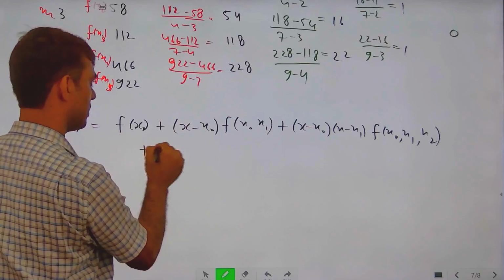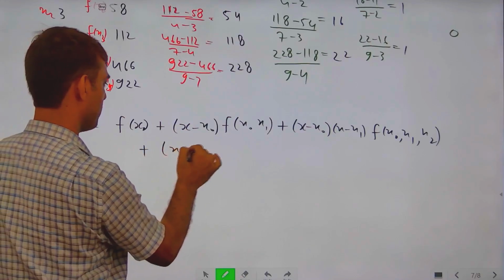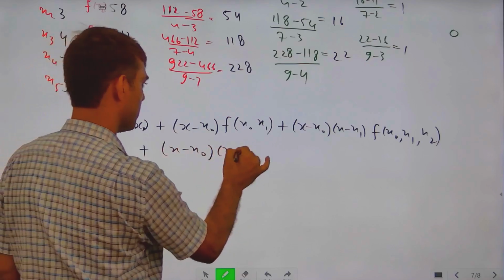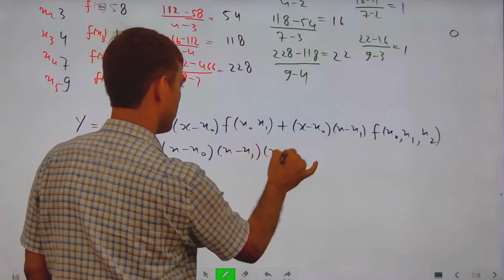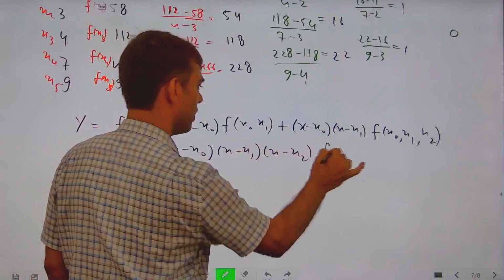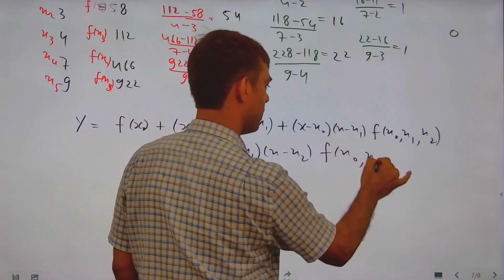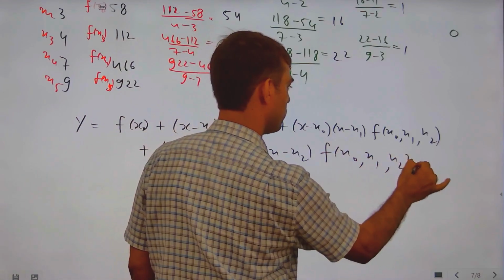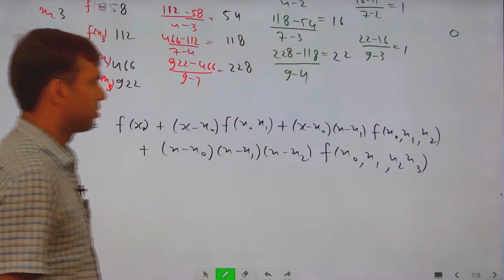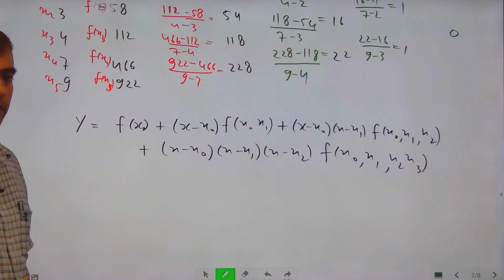So we write one more term: x minus x0, x minus x1, x minus x2 into f of x0, x1, x2, x3. So we put these values here.